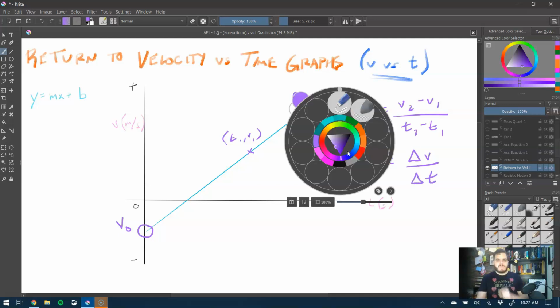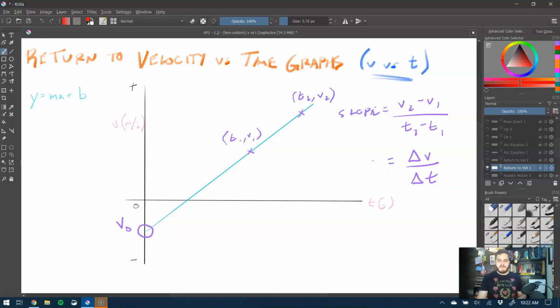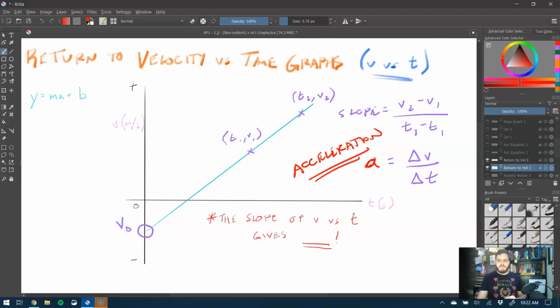And we have a very specific name for this, because we abbreviate it with a lowercase a, and this is the acceleration. So the slope of a v versus t graph gives acceleration.